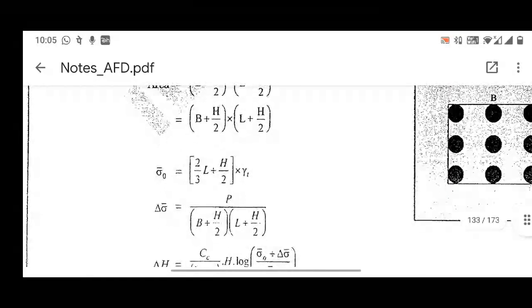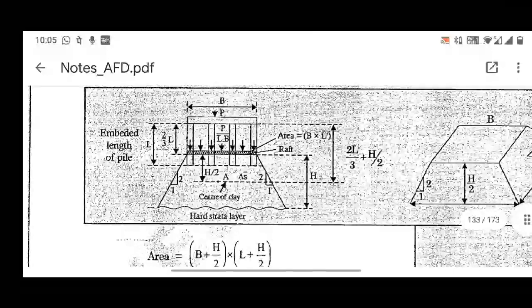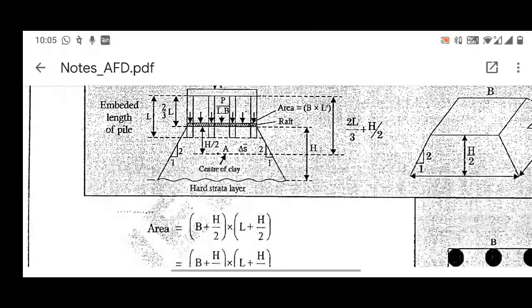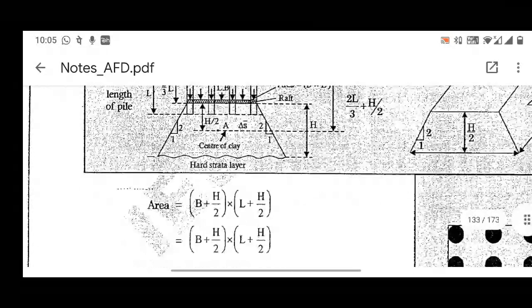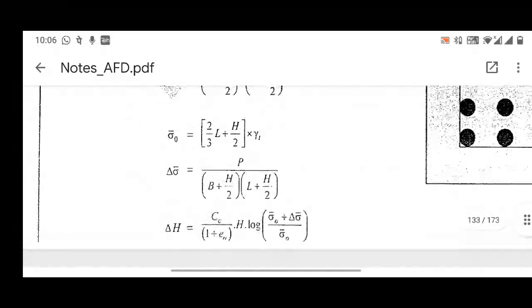Now, in order to find the increase in the effective stress at that particular level, you simply use the division concept, that is load divided by area. So the load will be P, applied at the top of the pile cap, divided by the area, that is B plus H by 2 into L plus H by 2. That will give you the increase in effective stress at the mid of the clay layer.